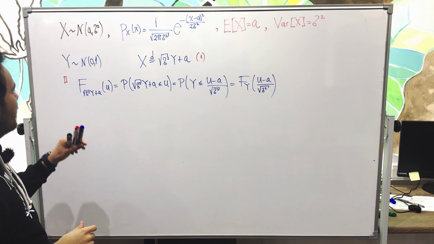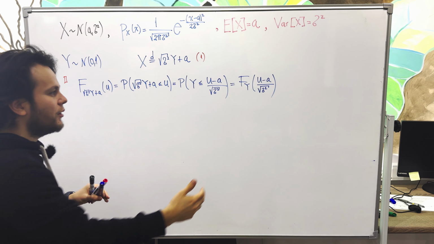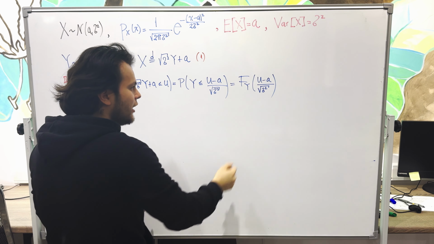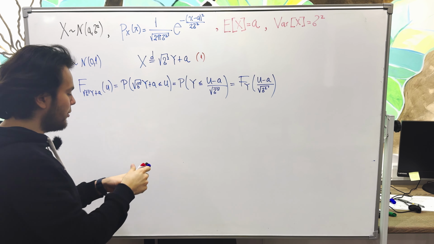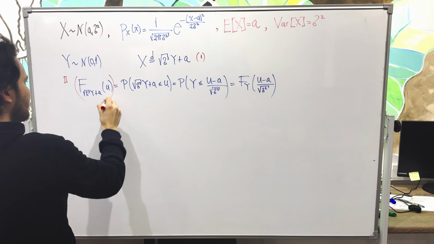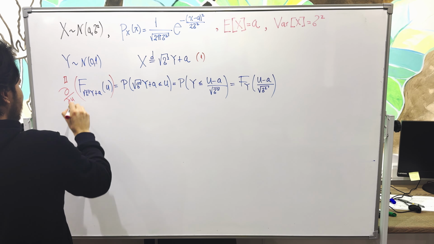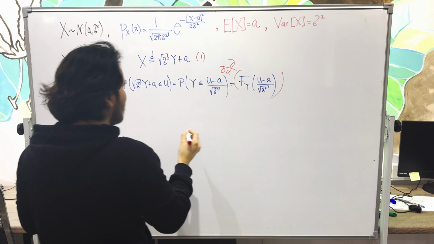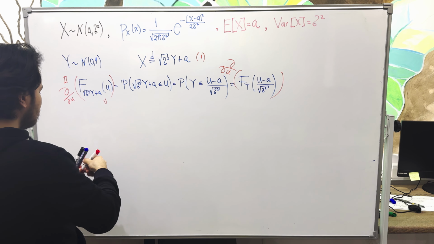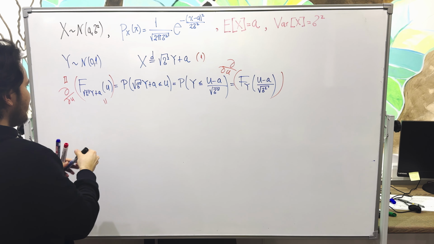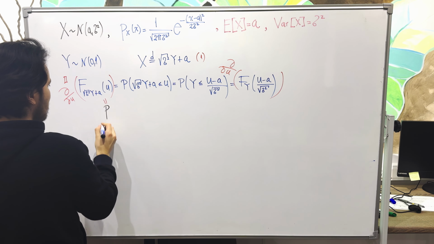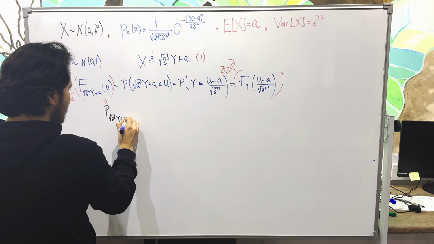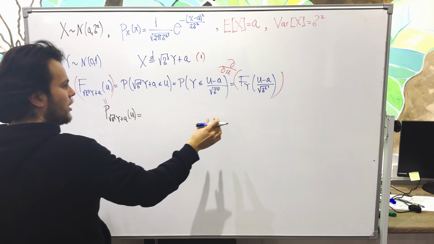Okay, so on the left side I have a CDF, and right here I have a CDF. So all that I have to do right now is to find the derivative right here and right here with respect to u, and then I will get the PDF, right? So I can find the derivative with respect to u right here, and also right here, and this will be equal to the PDF of this random variable, the square root of sigma squared times y plus a, at the point u, and this will be equal to this.